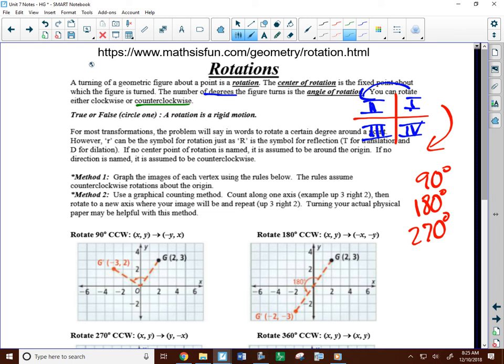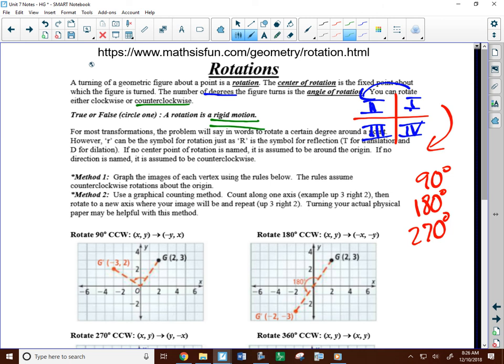So before we move on, we're doing this for every single one so far. True or false, circle one. Take 15 seconds, think about it, and circle one. True or false? A rotation is a rigid motion. Stop. So first of all, let's review what's a rigid motion.